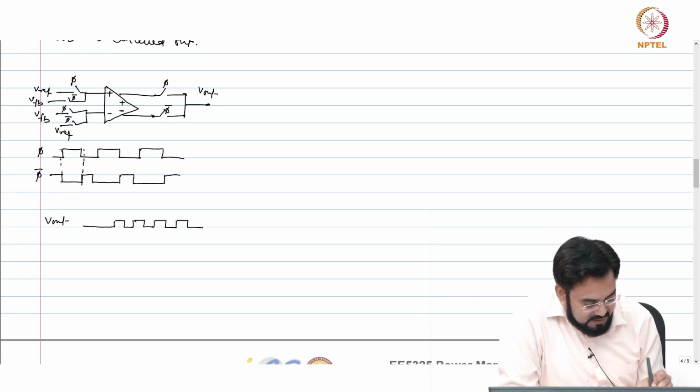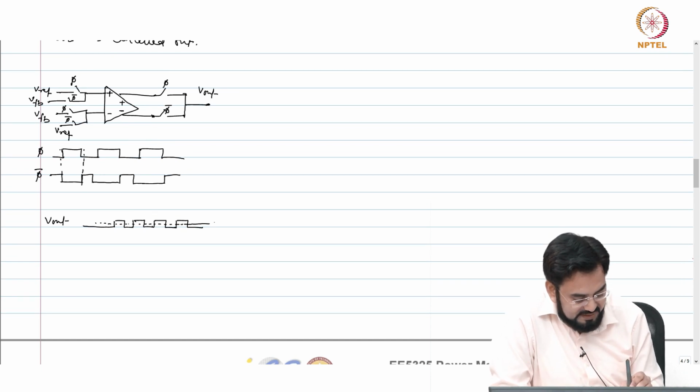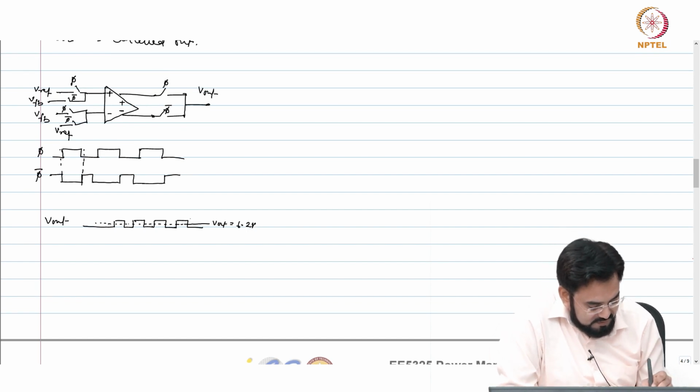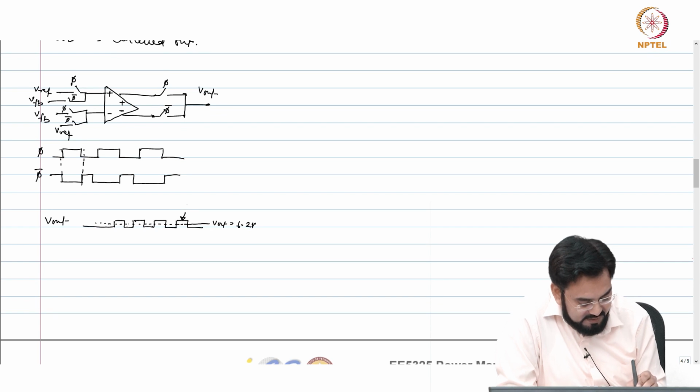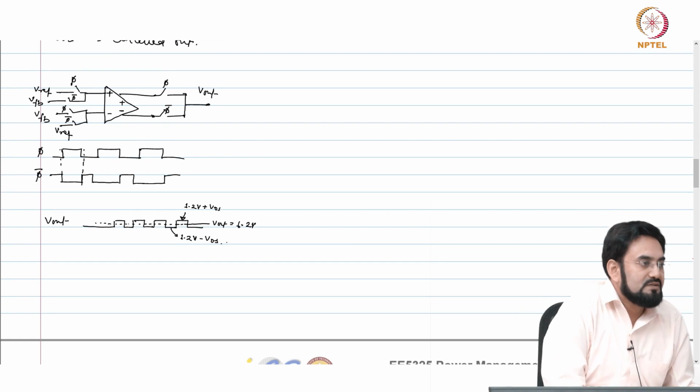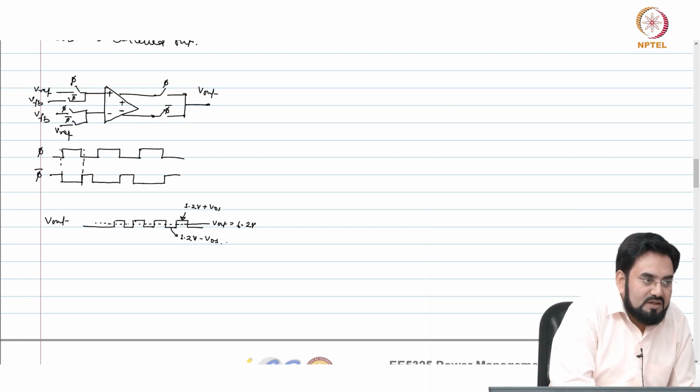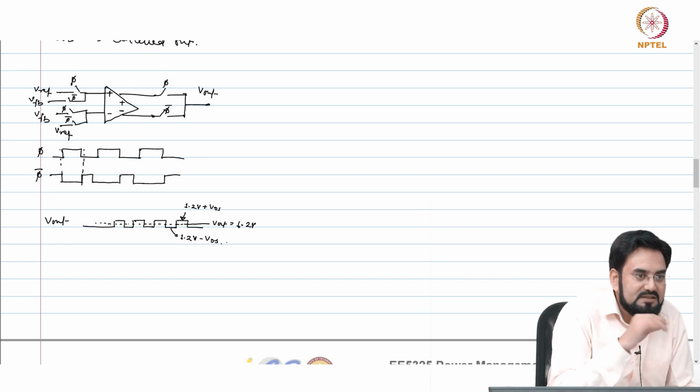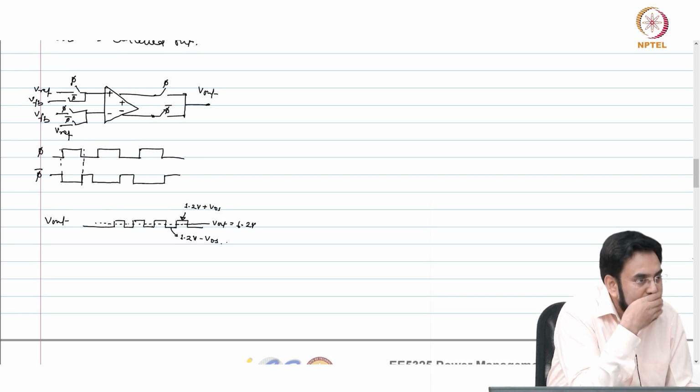Okay, and average will be whatever, let's say V out is 1.2 volt and this will be 1.2 volt plus V offset, and this will be 1.2 volt minus V offset, correct, but average will be, so you will get a ripple, so your ripple will be plus minus twice of offset, peak to peak ripple.